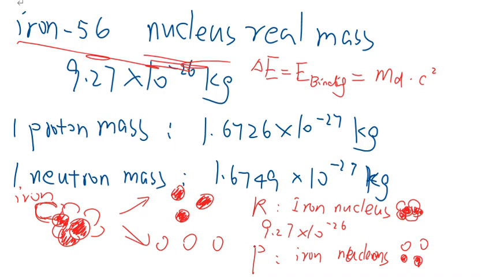Okay, so now let's move on. We are given the proton mass and the neutron mass, and for iron we know that it has 26 protons and 30 neutrons, and this is iron 56. So what we do is we can calculate it.